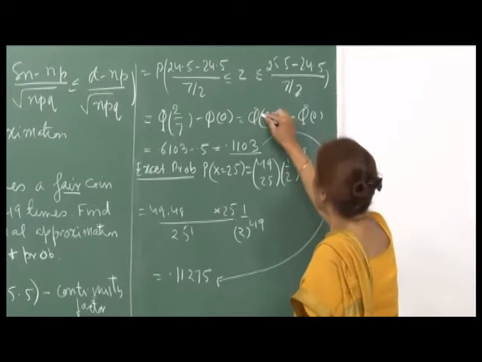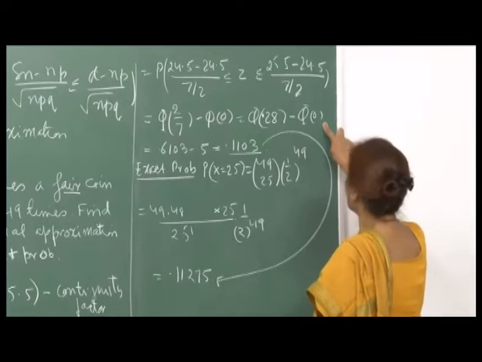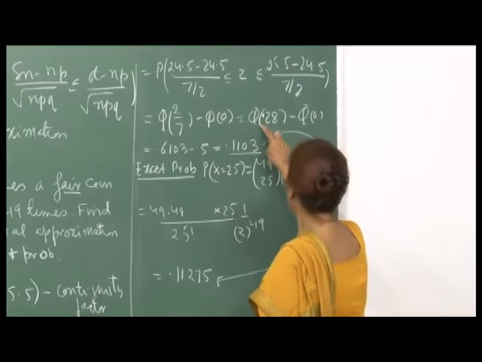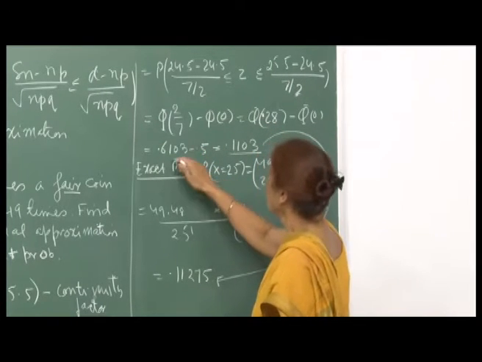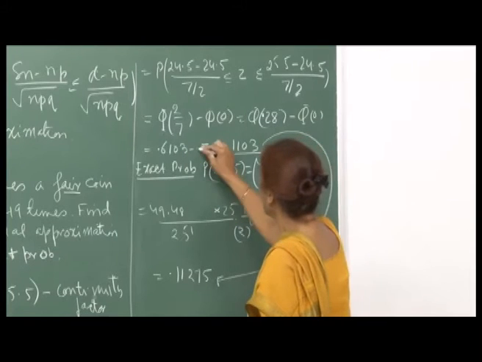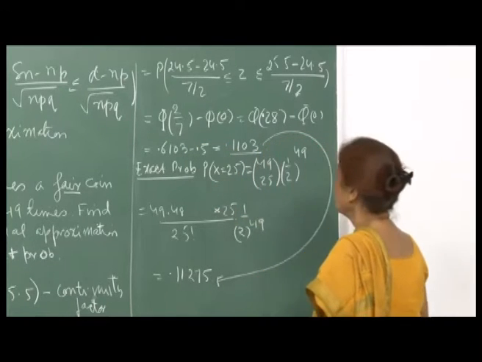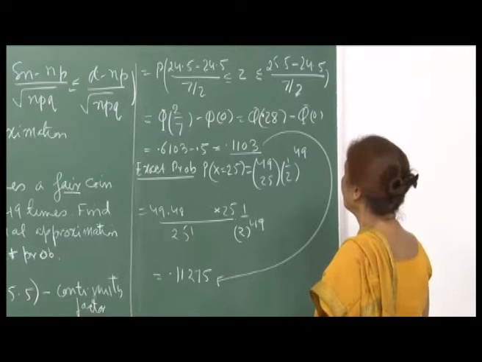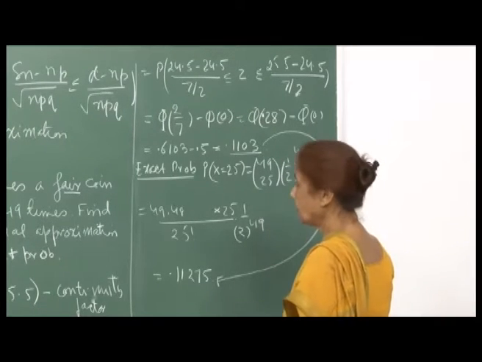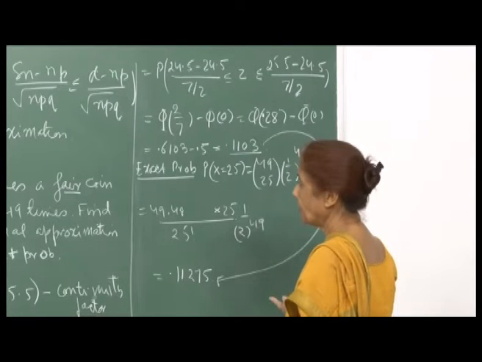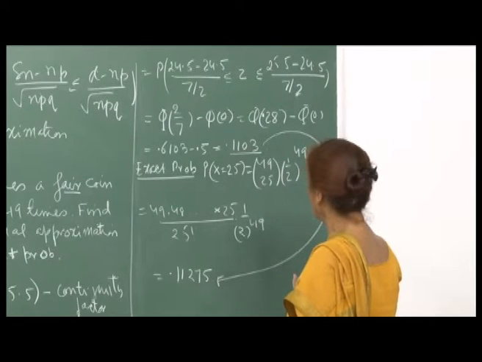Now, this is phi of 0.28 minus phi of 0. Phi of 0.28 from the normal tables is equal to 0.6103 minus 0.5, right. And so, this comes out to be 0.1103. So, this is the probability that we have obtained for x equal to 25 through a normal approximation.